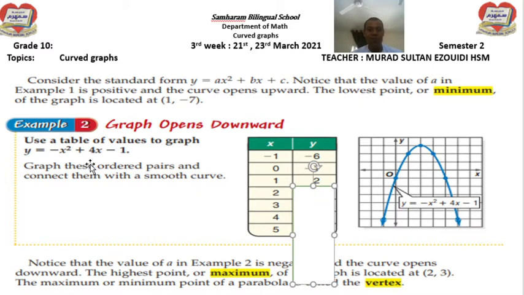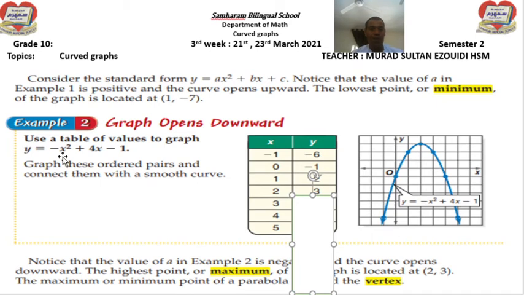Then when x equals 2, -2 squared will be -4, plus 8, it will be 4, minus 1, it will be 3. For the next one, when x equals 3, -3 squared is -9, plus 12, it will be 3, minus 1, it will be 2.